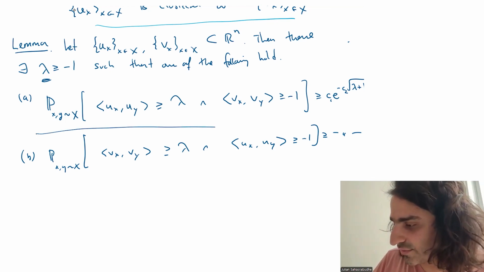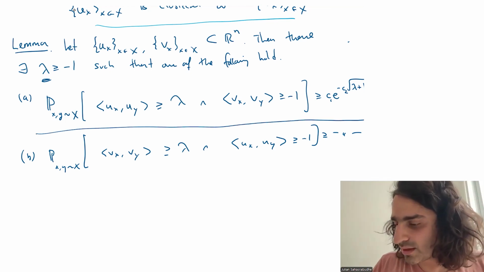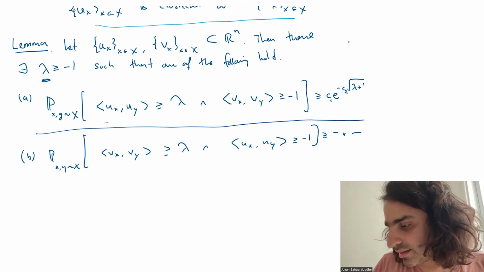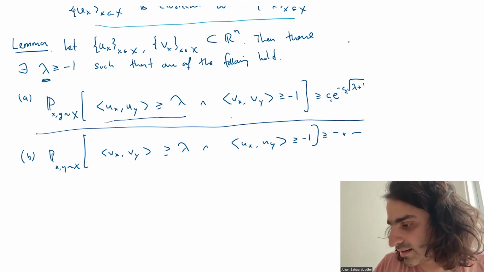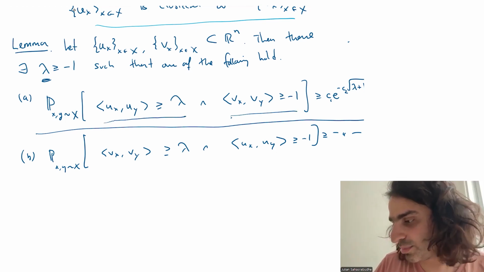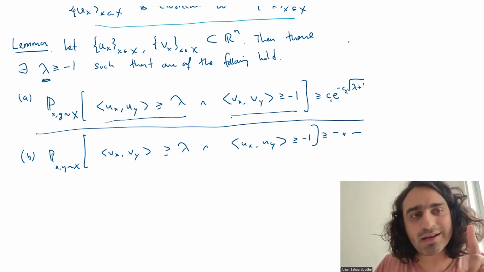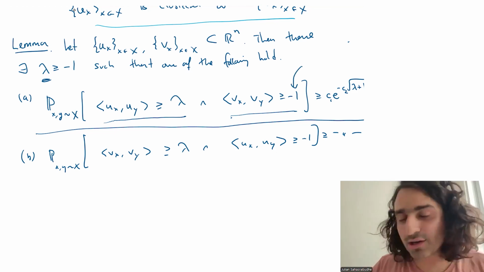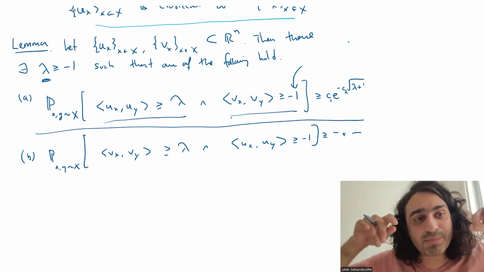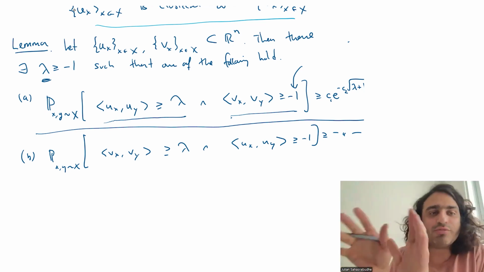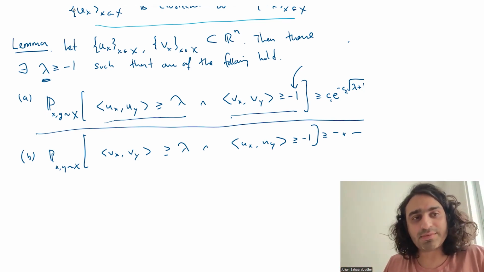Let's focus on this condition, so that the probability that these inner products are at least lambda and these inner products are at least -1. Here -1 is encoding where I'm no longer happy. If you're below -1, that's too much repulsion for my algorithm to accept.